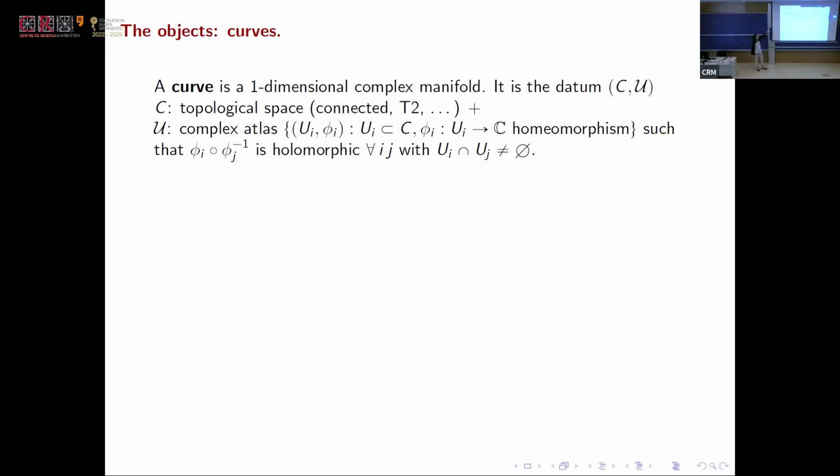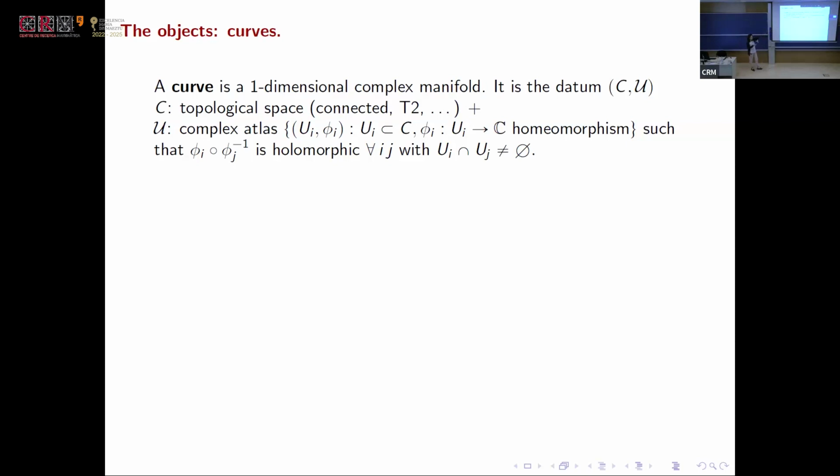It's a collection of maps defined on open subsets of the cover of the curve, and they are local homeomorphisms. What I'm saying is that locally, a curve behaves like an open subset of the complex plane, but this is just locally. What I ask is that phi_i composed with phi_j inverse is the change of coordinates, and I ask that this is holomorphic.